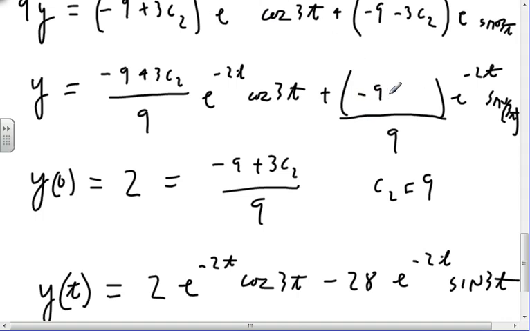Minus 9 minus 3C2 divided by 9 makes that a minus 4. Thank you, Maple, for allowing us to get that close.